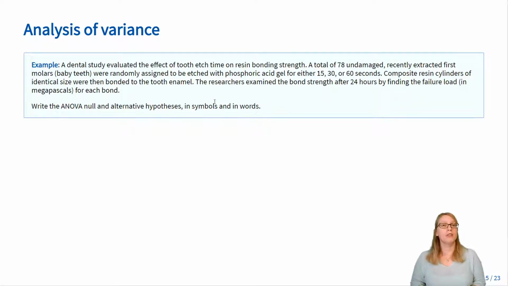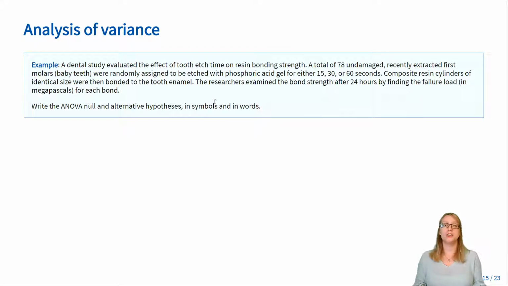So let's take a look at a real data example. We have a study that was done in dentistry to evaluate the effect of tooth etching time on resin bonding strength. So we have a total of 78 undamaged, recently extracted first molars or baby teeth that were randomly assigned to be etched with phosphoric acid gel for either 15, 30, or 60 seconds. So we're doing this study on real human teeth.